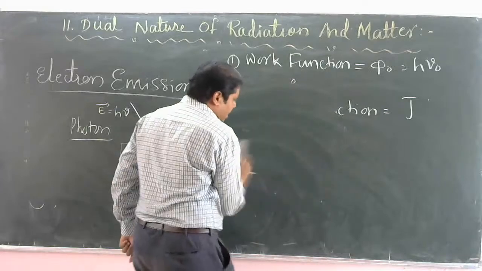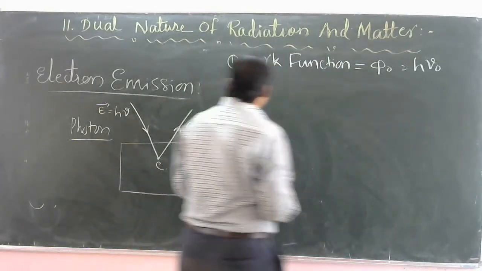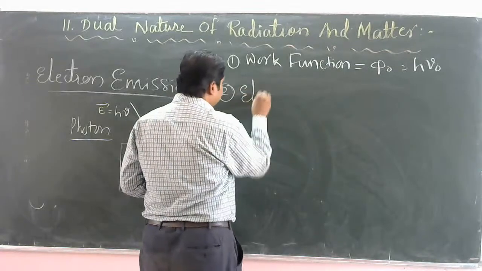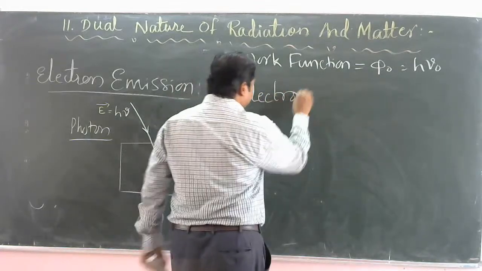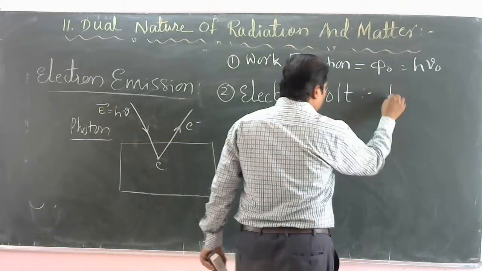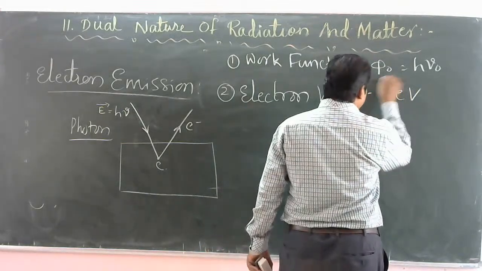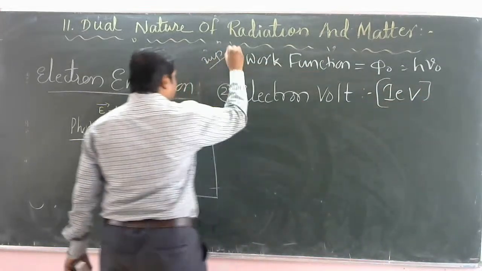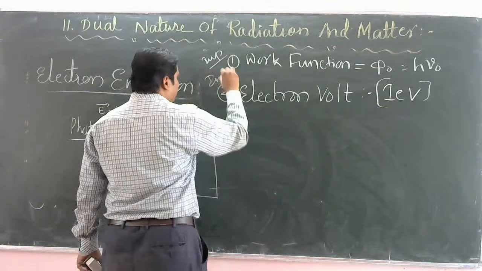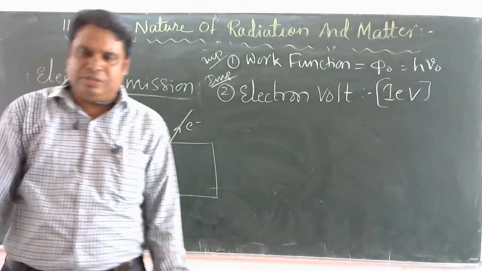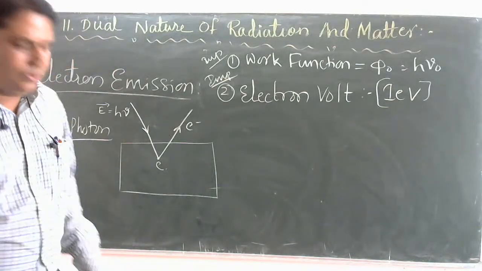SI unit is joule. Second is electron volt. This is an important definition. Define work function. Define electron volt is also an important question, for 1 mark. What do you mean by electron volt?